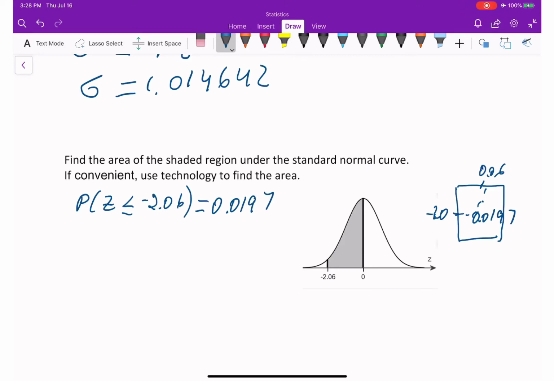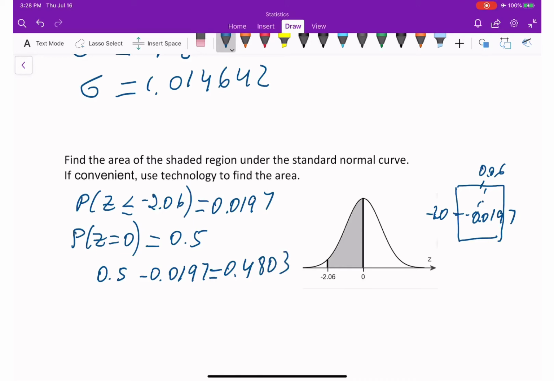Okay, now z-score is equal to 0. When the probability of z-score is equal to 0, that's the average, which is going to be 0.5, 50%. And to find the probability of the shaded area, we need to subtract from each other. So 0.5 minus 0.0197, and we get the answer 0.4803.